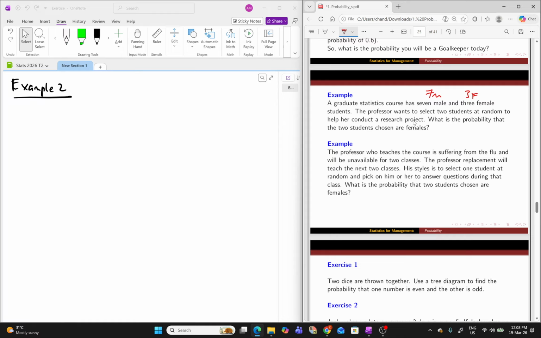A professor wants to select 2 students at random to help her conduct a research project. What is the probability that both students chosen are female? So they are male and female.